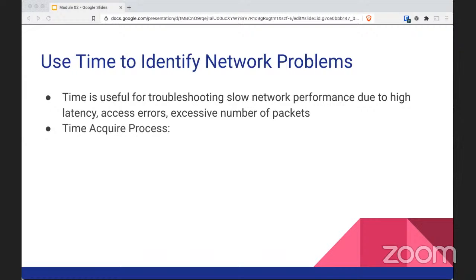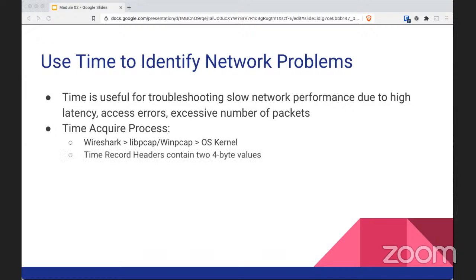Wireshark gets timestamps from the libpcap library, which in turn gets them from the OS kernel. The pcap file format consists of a record header for each packet, a 4-byte value defining the packet time in seconds from epoch, or January 1, 1970, 00:00 UTC.